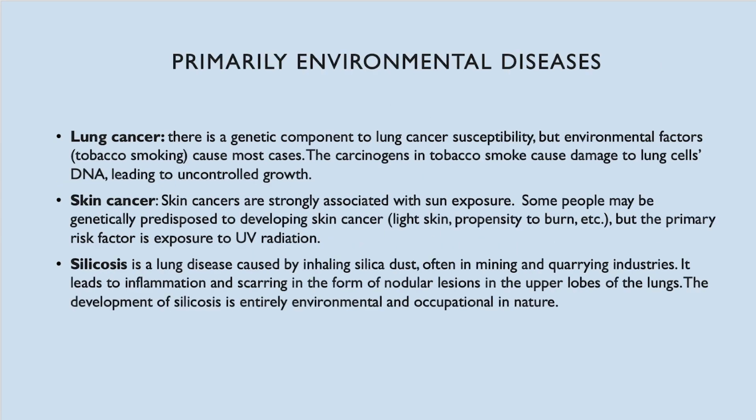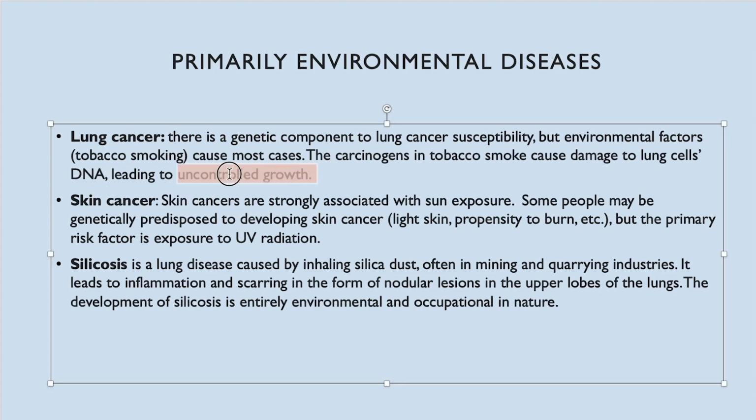And here we have some primarily environmental disorders. The lung cancer that results from smoking because of the carcinogens in tobacco that damage the DNA, leading to formation of cancer, uncontrolled cell growth and division.